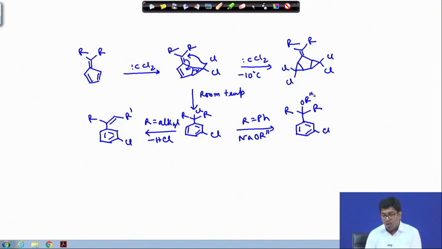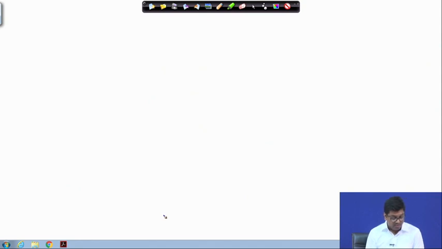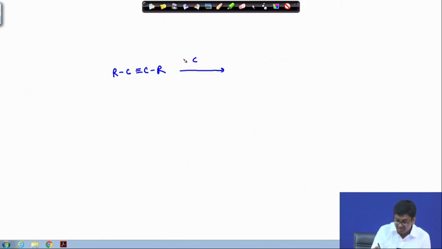Okay. Now, what will happen if these reactions are done with an alkyne? So, let us take the alkyne, okay, and if we treat this with the carbene, then obviously this triple bond will react and generate the cyclopropene type of system like this.